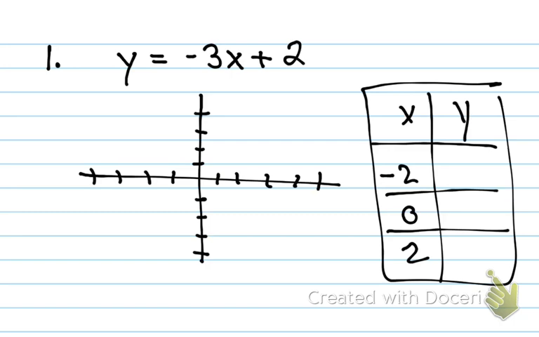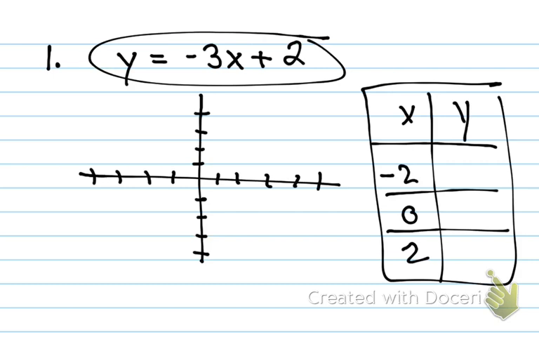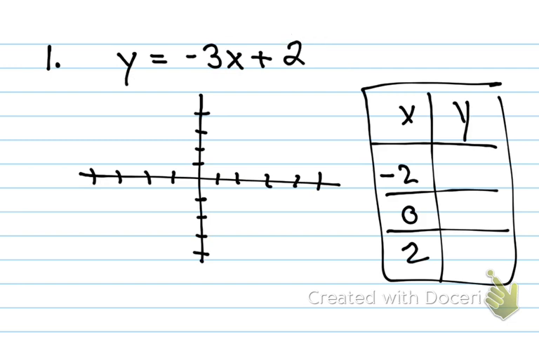Now, is my equation already in slope-intercept form? So it's good to go. I actually can just look at the y-intercept and know where the first point is going to go. Where does my first point go on the graph?